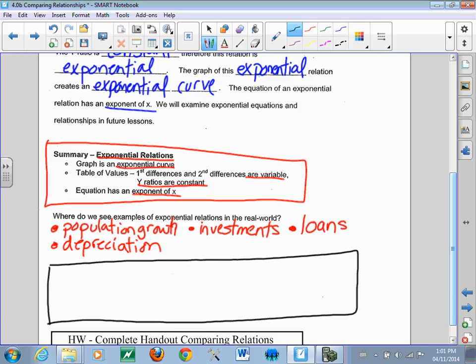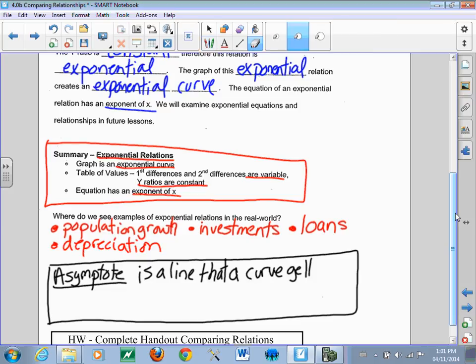Now, I want to just define asymptote, ladies and gentlemen, here. It's funny spelling, too. Ready? Asymptote. So that is a line that a curve gets closer and closer to, but will never touch or cross. Sorry, my spelling's terrible. Gotta slow down here.